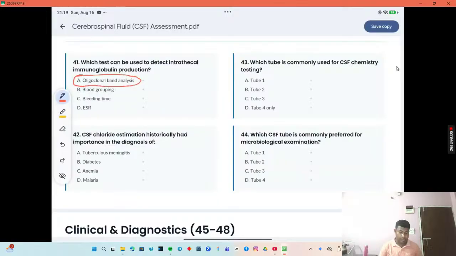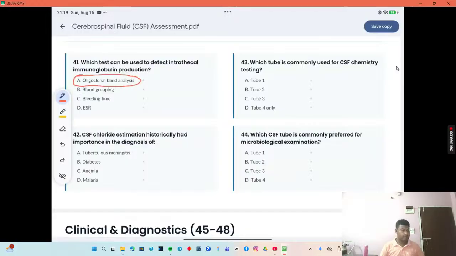The next question is: CSF chloride estimation historically had importance in the diagnosis of what? What is the historical importance of chloride estimation in cerebrospinal fluid?